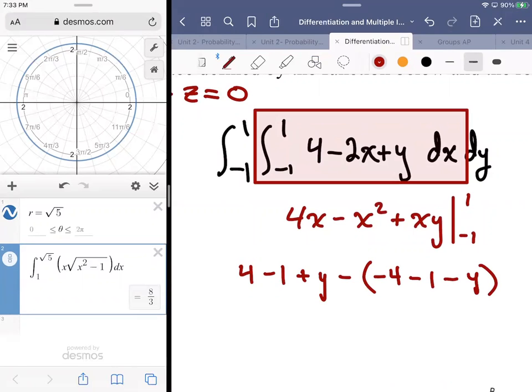Combine our likes, we're looking at 8. And we have, well, cancellation, it looks like, -1 minus -1. I am kind of not with it today, so let me just go a little old school there. All right, so yeah, we do get the cancellation. 8 plus 2y. And we're integrating that over the interval of -1 to 1 with respect to y.